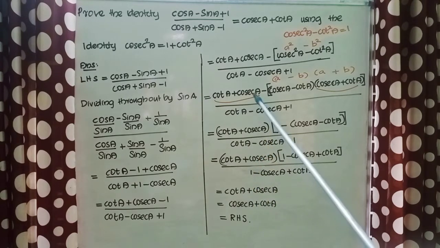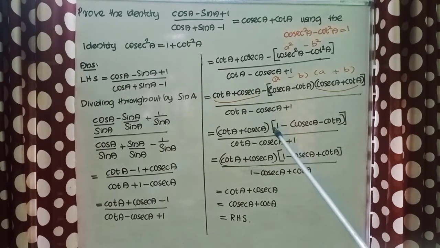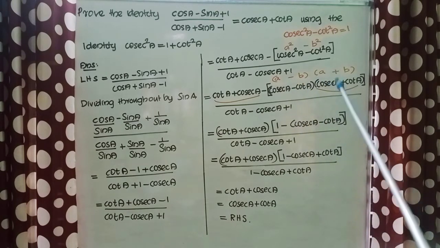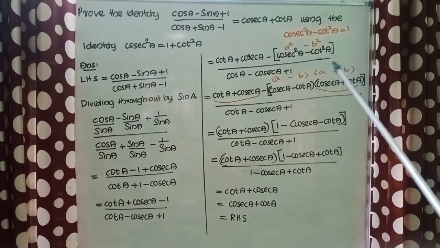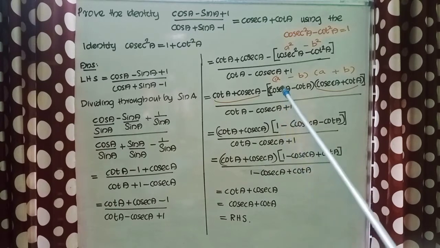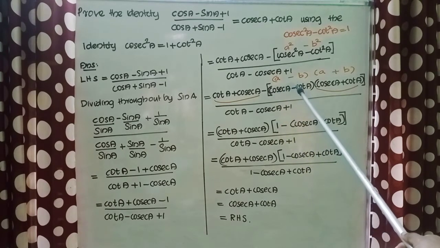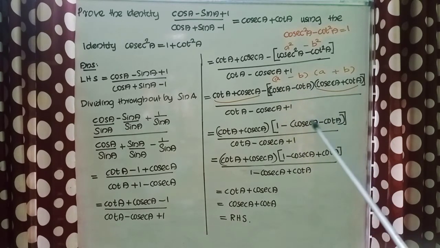Then there is remaining 1 from the first term, then minus, and from the second term, with cosec A plus cot A taken out, there is remaining cosec A minus cot A. That we have written there. Then the denominator is the same, divided by cot A minus cosec A plus 1.